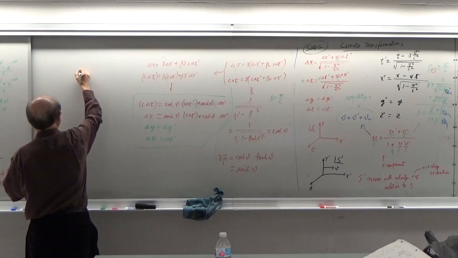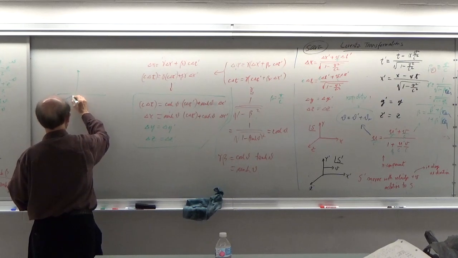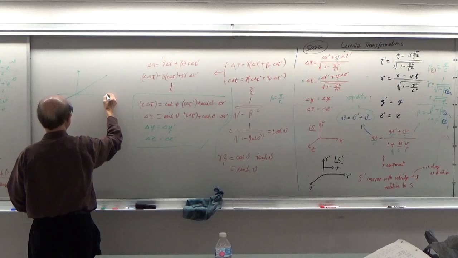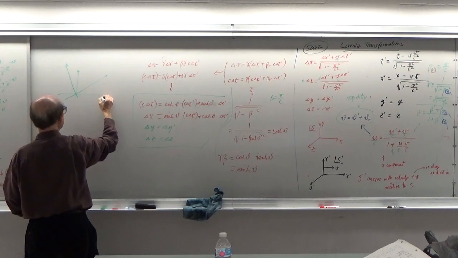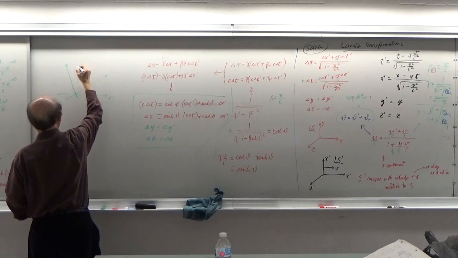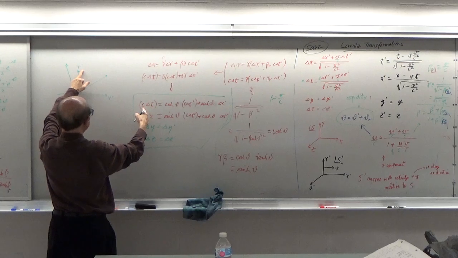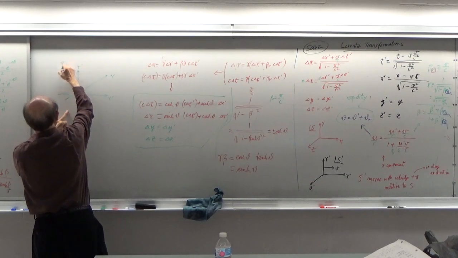Namely, if I have two coordinates, call this the x prime coordinate, and this t prime, where there's a factor of c here, and this the x, t coordinates.